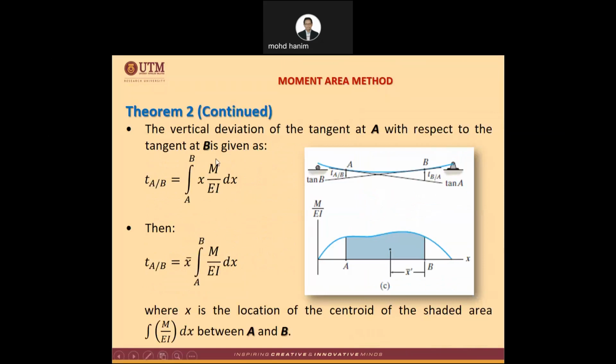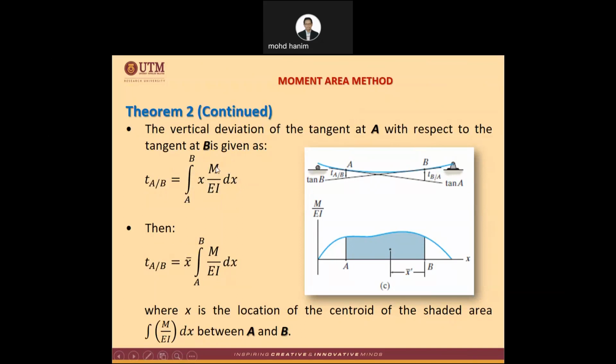So from theorem 2, the vertical deviation of the tangent at A, this vertical deviation TAB, is the vertical deviation with respect to the tangent at B, and is given as TAB, that means TA in relation to B, equal to the integration of M over EI dx times X. What is M over EI dx?